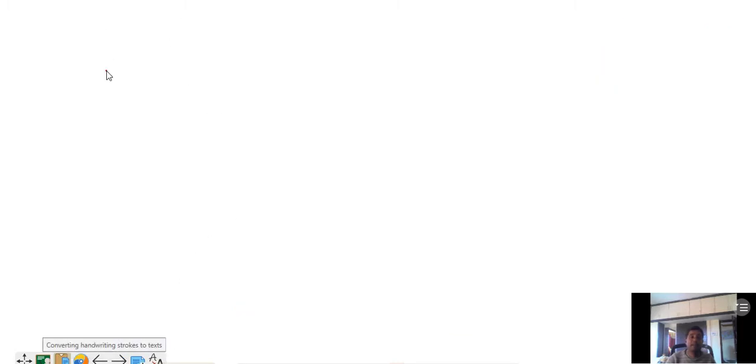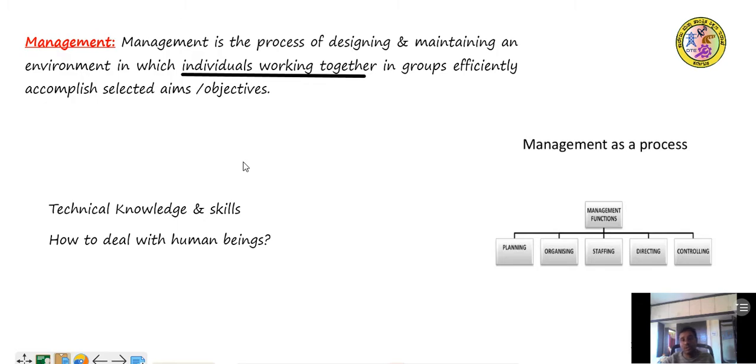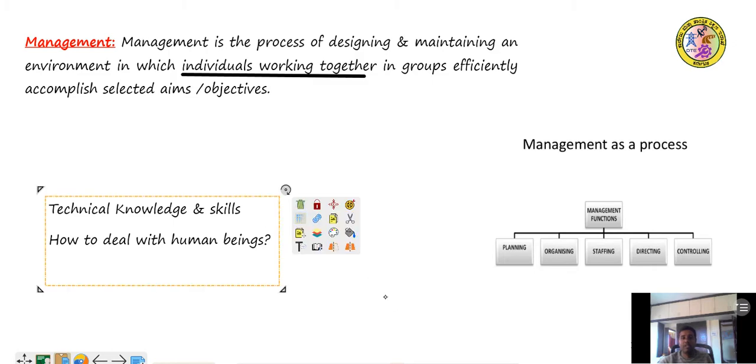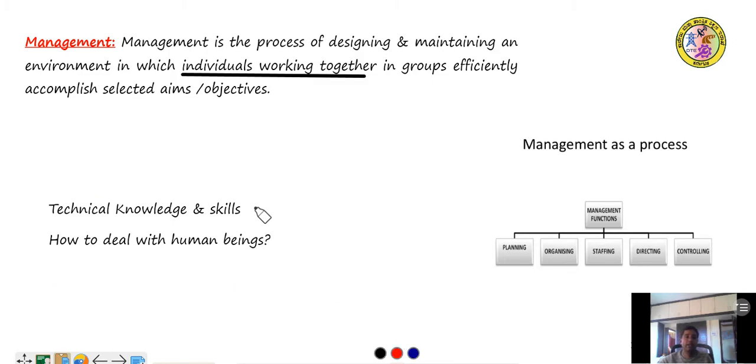So finally, management is a process of designing and maintaining an environment in which individuals working together in groups efficiently accomplish selected objectives. For management, a manager should have technical knowledge and know how to deal with human beings.